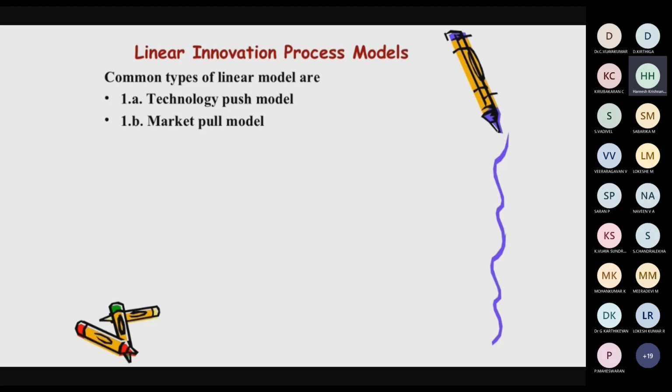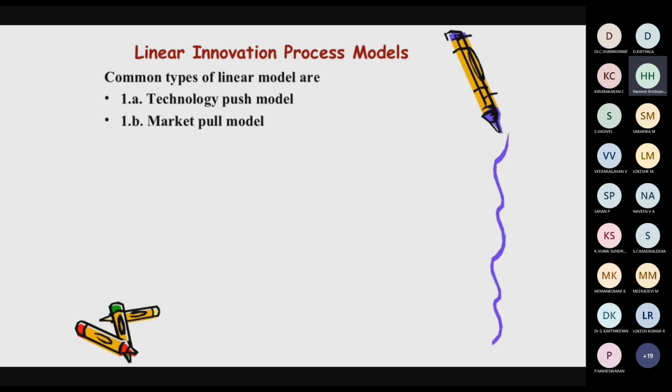So market pull innovation involves a series of sequential steps, like assessing the consumer needs or market requirements, and what is needed for the market. After that, it will go for idea generation. Then we need to refine this idea to meet the consumers' needs or market needs.